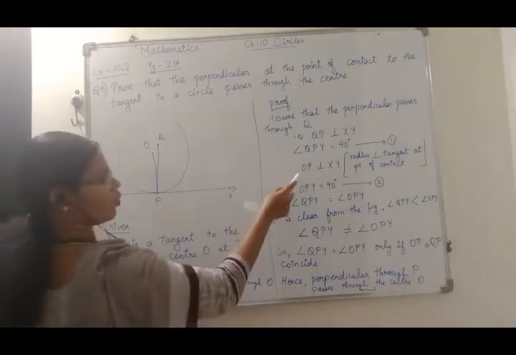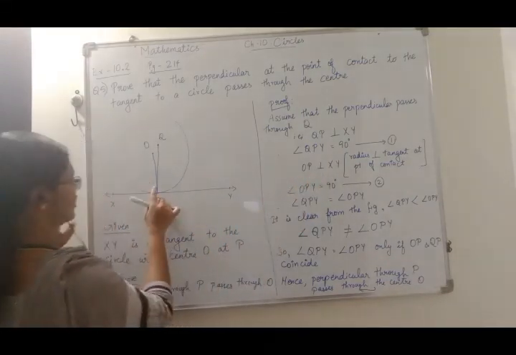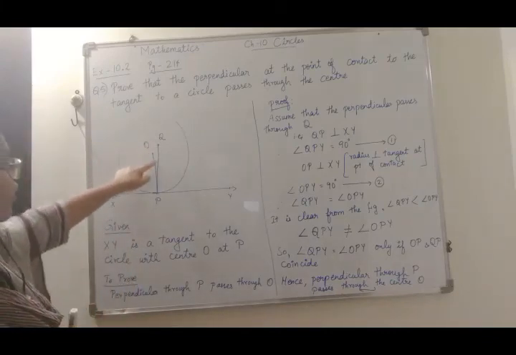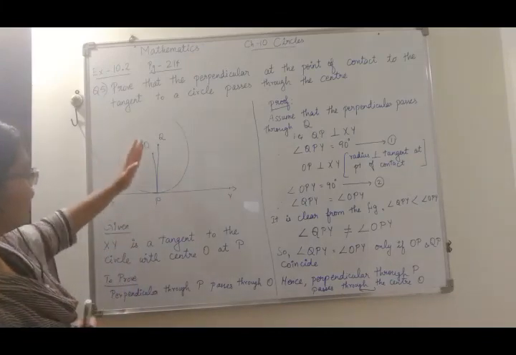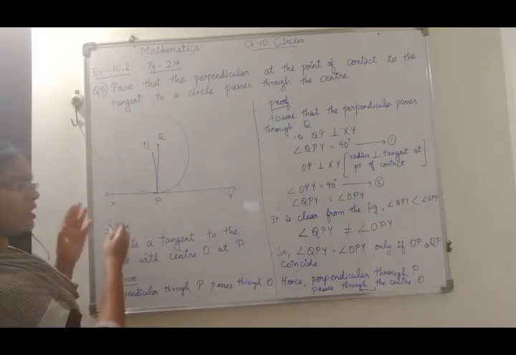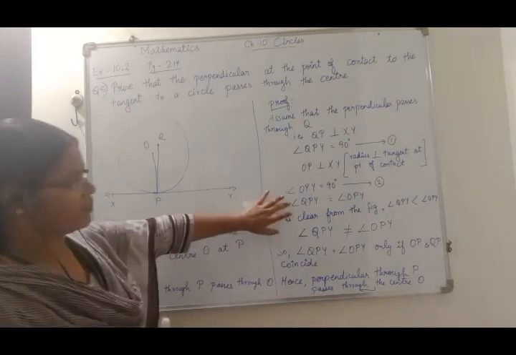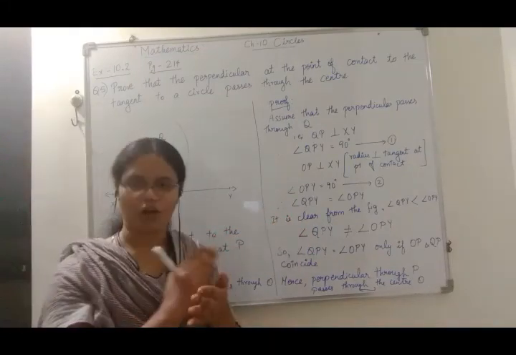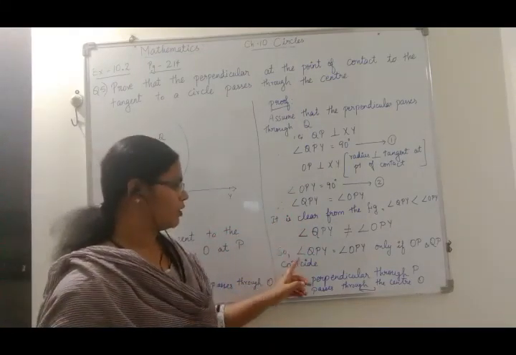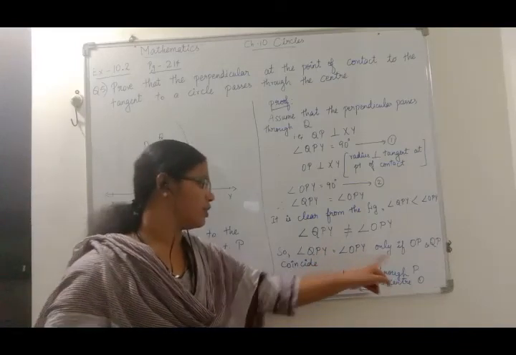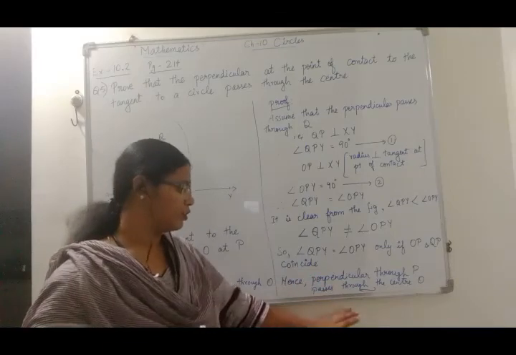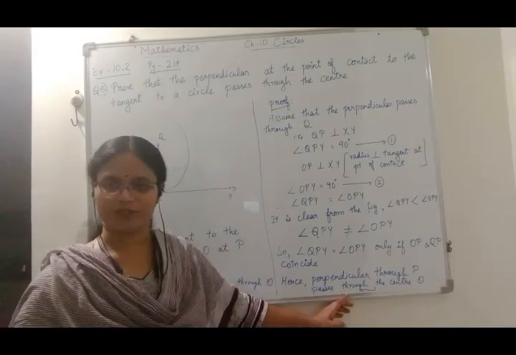So OP is perpendicular to XY and this angle is 90 degree. But by looking at the figure itself, you know that QPY is smaller than OPY. So that means they both are not equal. First we are saying they are equal, then we are saying they are not equal. That means there is a contradiction over there. So for them to be equal, it is possible only if they are coinciding. Okay, so we prove the question.